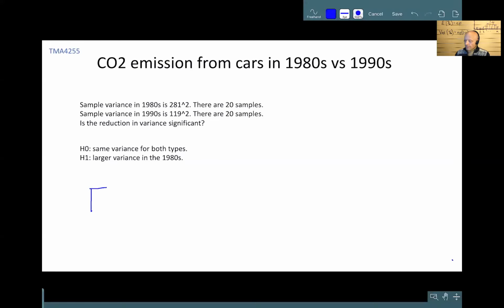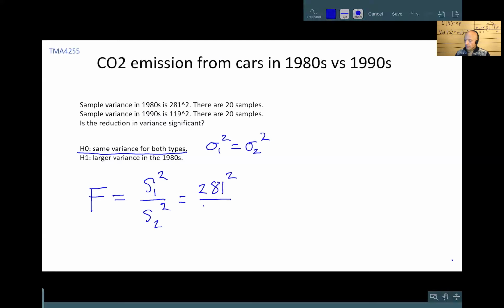Under the hypothesis that they are both the same, so sigma 1 squared is equal to sigma 2 squared, our test statistic is s1 squared over s2 squared, which is 281 squared over 119 squared, which is 5.57.